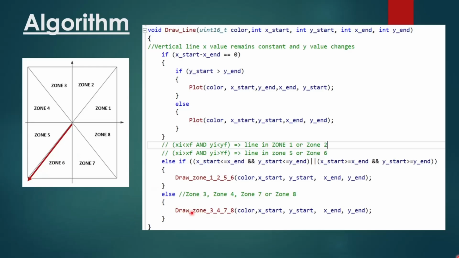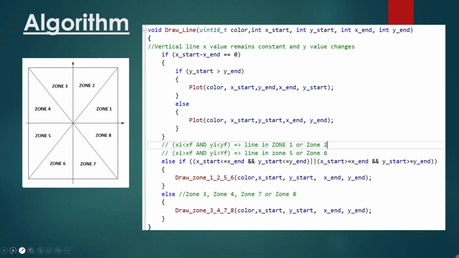Now, if this is not true, then what we have is a line that goes in this direction. So that would be a line that goes between 3, 4 and 7, 8. So basically in this routine we ask, hey, do we have a vertical line?